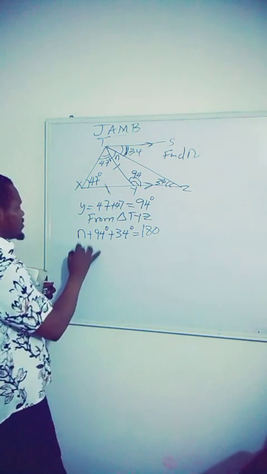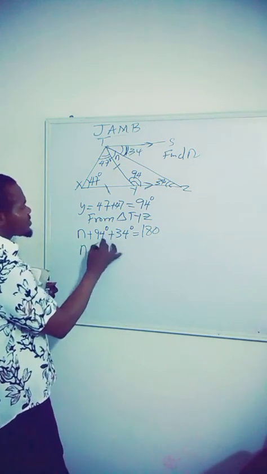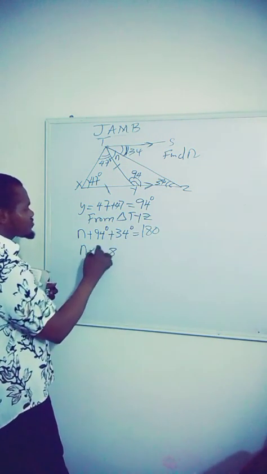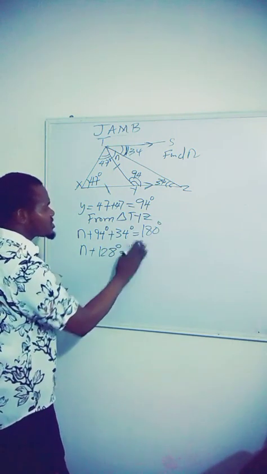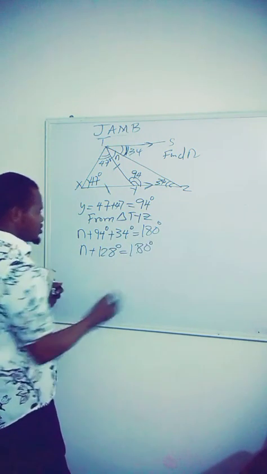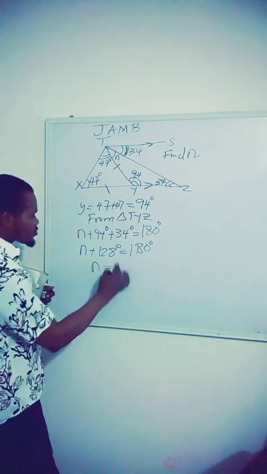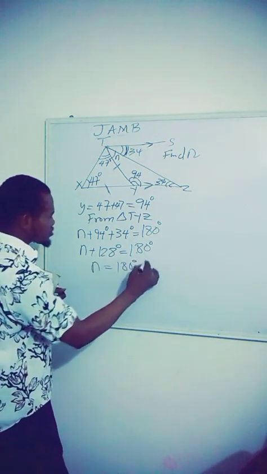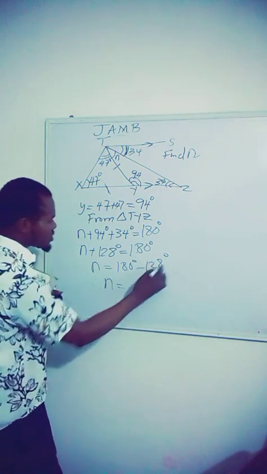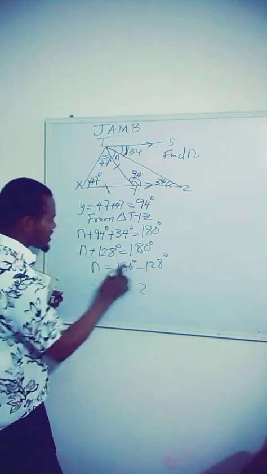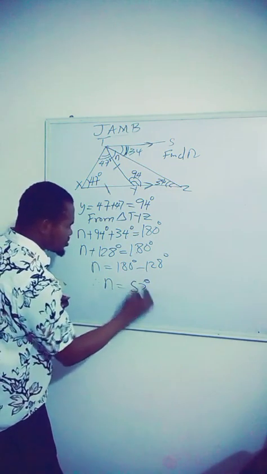So n plus 94 plus 34 is 128 degrees, equal to 180 degrees. So collect terms, n equals 180 degrees minus 128 degrees. Therefore n equals 52 degrees.